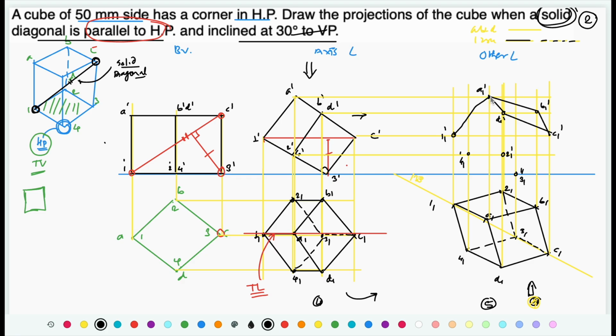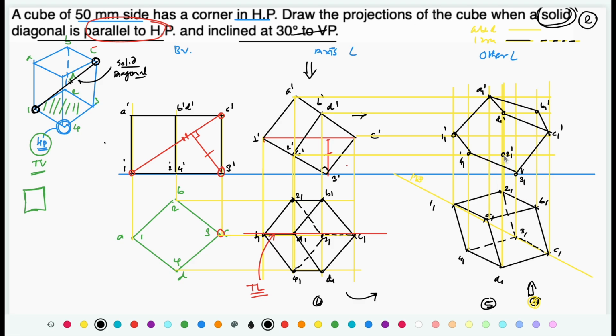Now this ABCD face is completely a visible face, so connect it with visible line. This 1A is the outer line, this 3C is also an outer line, this 1 4 and 4 3, let me redraw that, 4 3, so this 4 3 is also going to be a visible line.